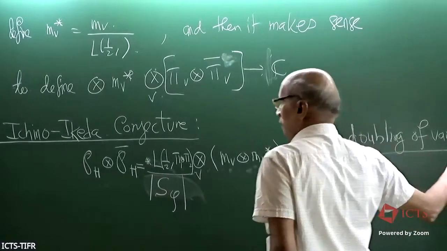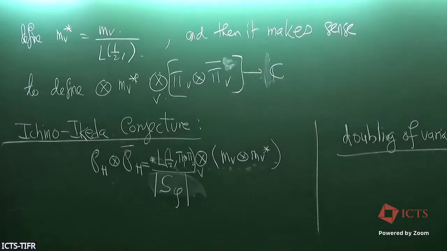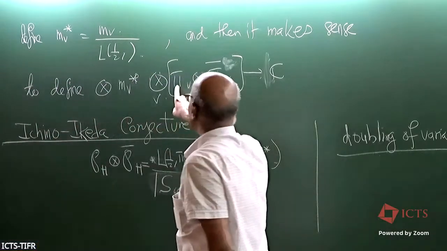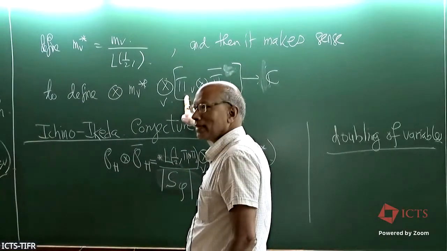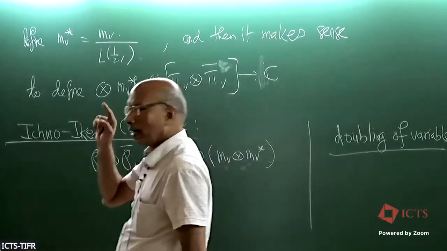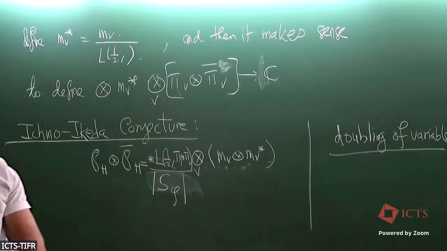There is one more normalization which one needs to worry about. I said that these local representations are unitary representations. They come equipped with a Hermitian form, but once again, the Hermitian forms are not unique. On the other hand, the global automorphic form has more or less a unique bilinear form, the Petersson inner product.